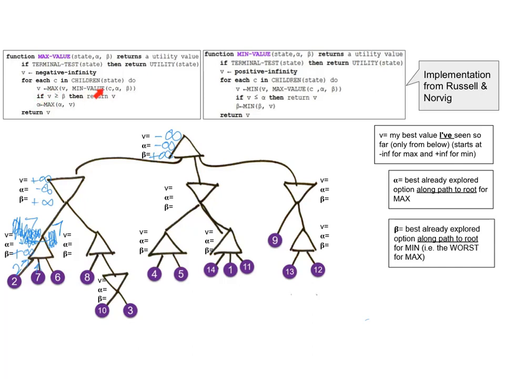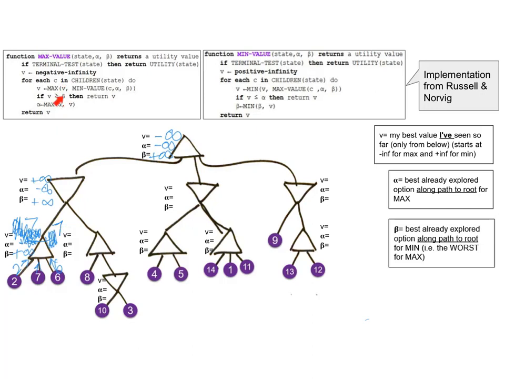We run the min value function on it, it returns the 6, and we pass that 6 back up. Now it says take the maximum of your v and whatever you got back. The maximum of 7 and 6 is still 7, so we'll leave v alone. 7 is still not greater or equal to plus infinity. Alpha gets the maximum of alpha and v, which is 7 and 7, so alpha stays as 7.